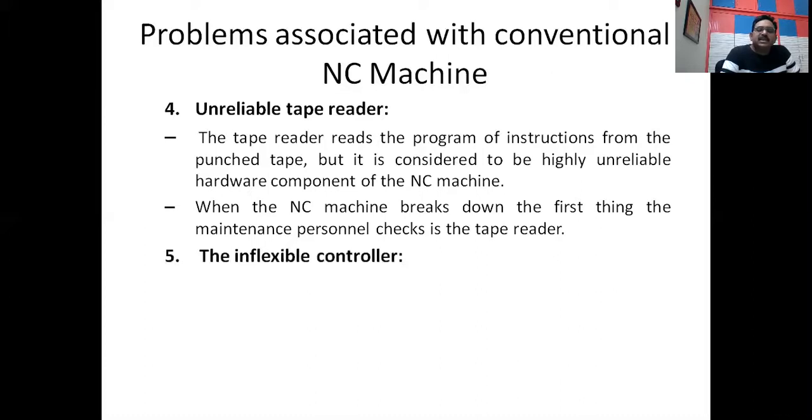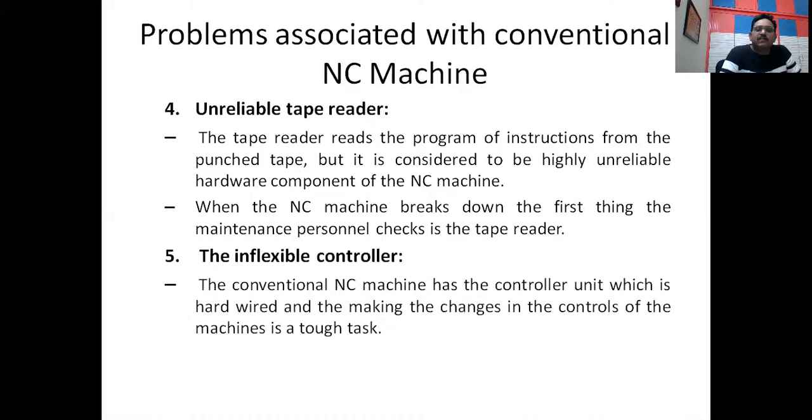Next is the inflexible controller. The controller is not fully flexible. In conventional NC machines, the controller unit is hardwired, and making changes to the machine control is a tough task. Once the controller is fixed, the control has limitations on operations, so we cannot produce whatever we want.